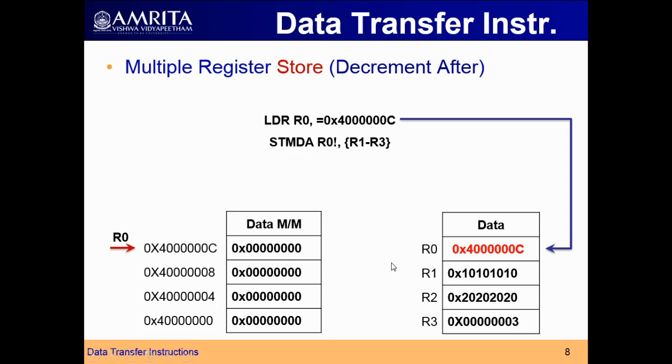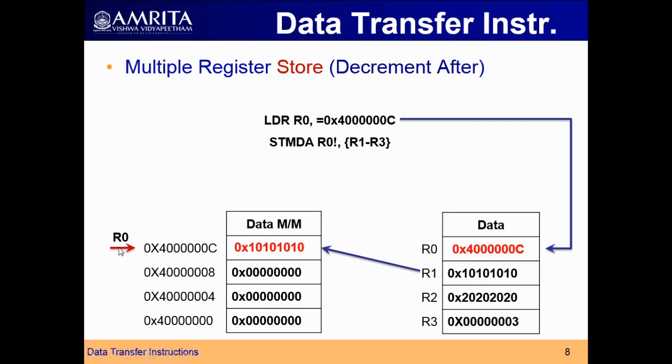So I am going to store the content of the first register to the address pointed to by R0. R1 content will be stored onto the address location pointed to by R0, right? You can see this value will be stored onto this memory location. Initially all the values were zeros.